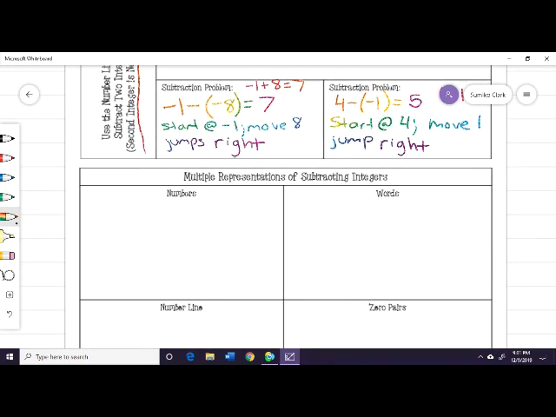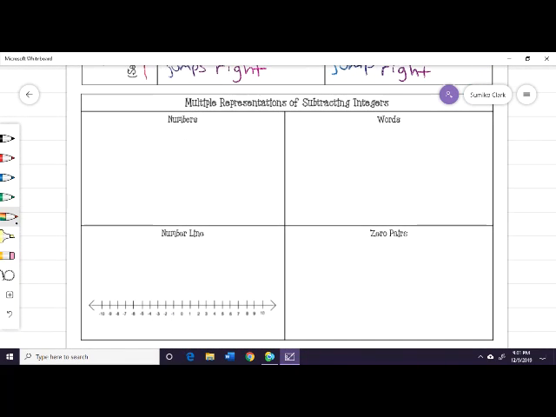So let's look at the multiple representations of subtracting integers. So by numbers, we have -7 minus -5 is equal to -2. And then let's look at it on a number line. We start at 0 and then we go down to -7. 1, 2, 3, 4, 5, 6, 7. Okay, so we're going to subtract 7. That takes us over there.